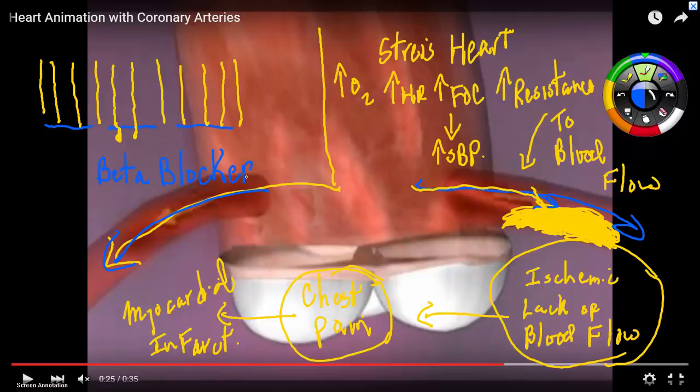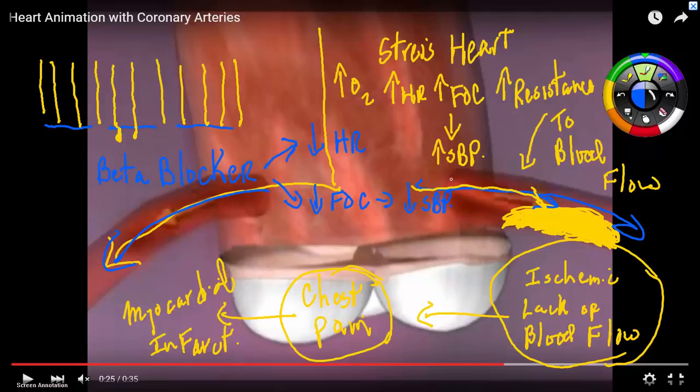Because a beta blocker does two things. Beta blockers prevent epinephrine from binding to beta-1 receptors in the heart. So if you prevent epinephrine from binding to beta-1 receptors in the heart, that will lead to a decrease in heart rate, and it will lead to a decrease in the force of contraction of the heart, which will lead to a drop in systolic blood pressure.